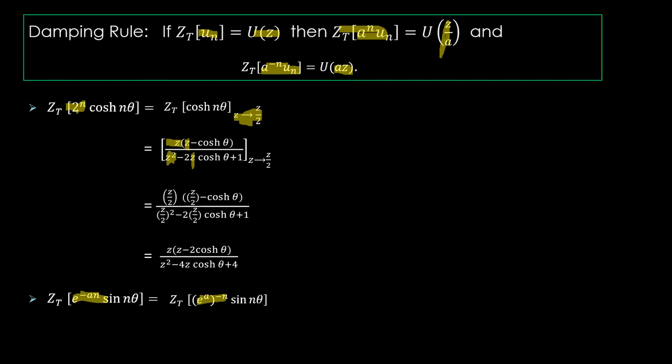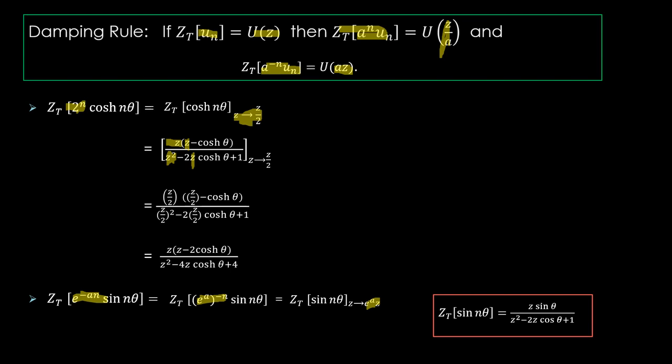Then by the above rule, this is equal to the z transform of sin(n theta), where z changes to e^a z, which on simplification reduces to the following: e^a z sin theta divided by e^(2a) z square minus 2 e^a z cos theta plus 1.